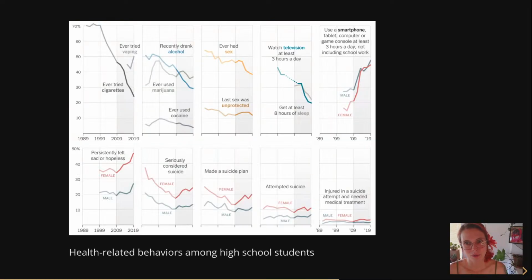And also data that looks quite complex and can be visualized in a complex way still may not have that many dimensions, right? So in here we have health-related behaviors among high school students. This is from the New York Times. And we see here that we have the element of time, which is the axis on the bottom. Then we have the percentage on the vertical axis, and sometimes we have the distinction male and female.